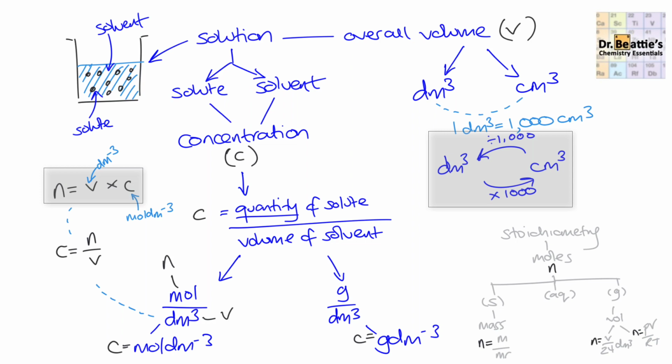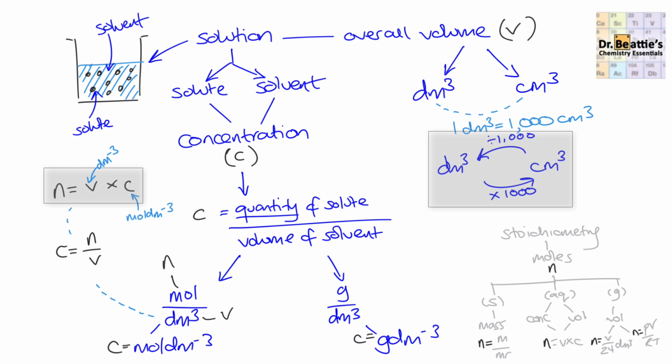We've been discussing here, aqueous solutions have a concentration and a volume associated with them. As stated here, n equals V times c. So it's really clear that no matter what chemical substance that we are using, whether it be solid, aqueous or gas, as long as we can use those quantities in order to work out their number of moles, then we can compare the amounts of any substance to each other.